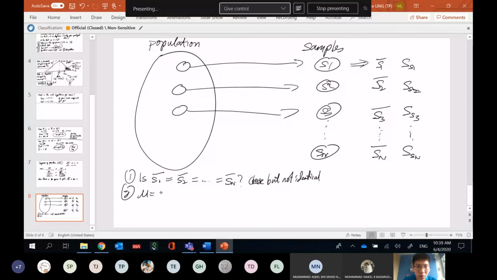Is it sample 1 or any sample, or if I take the average of all the samples, which one is a better representation of the population average?